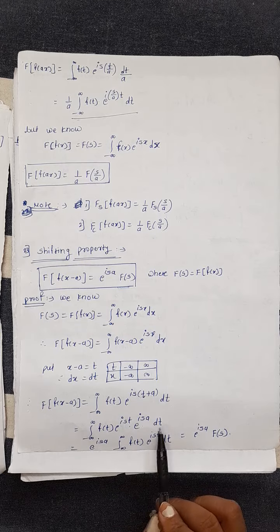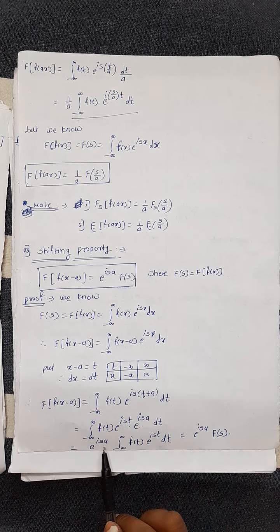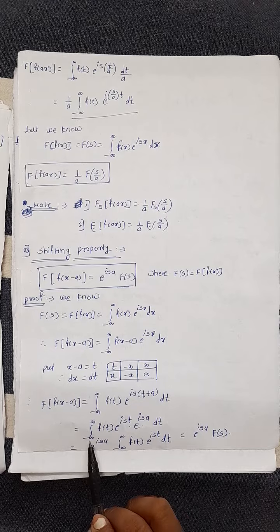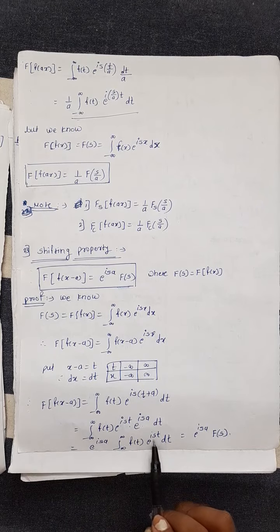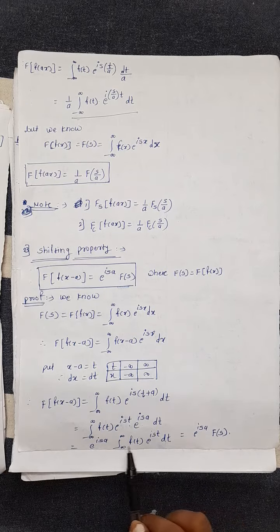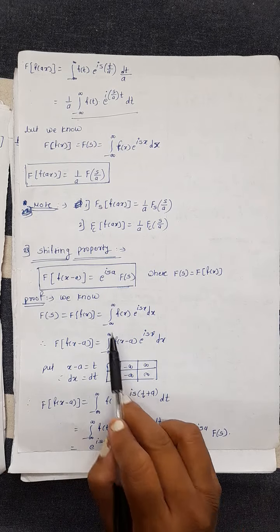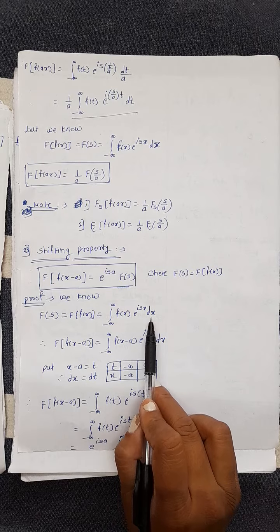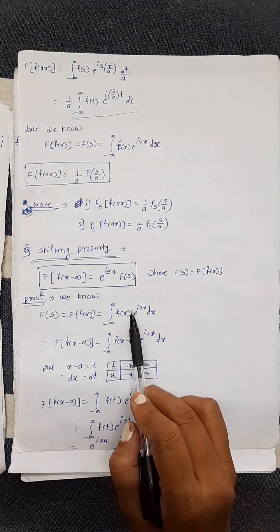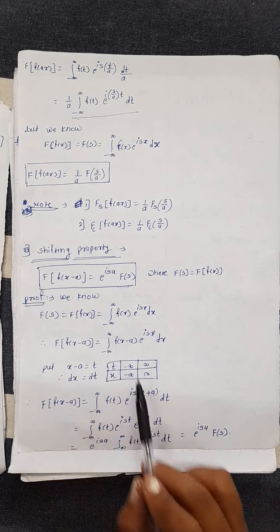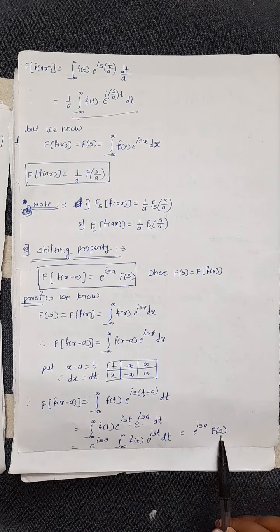Regarding this integration, we take it outside. Therefore e raised to i s a times the integration from minus infinity to plus infinity of f(t) e raised to i s t dt, and this is the same integration as this integration. Okay, instead of x, this is t, a dummy variable here. That's why this is called the Fourier transform of f(x), that is F(s).